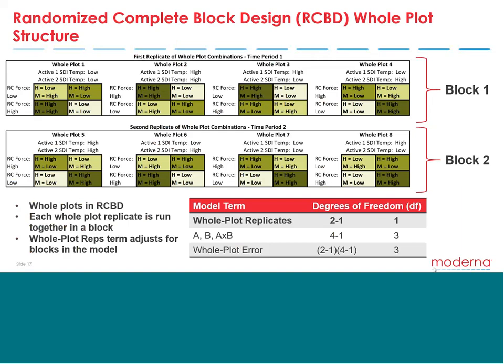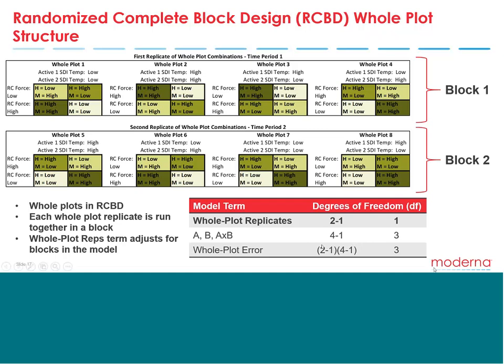And the structure that they have is a randomized complete block design structure, or what we call RCBD. So the whole plots are essentially arranged in a randomized complete block where one replicate of the whole plots is in one block and the second replicate is in the second block because they were run at different times.